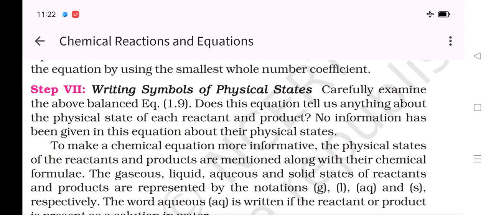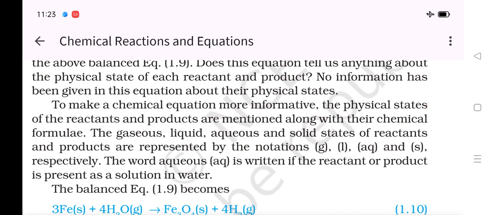Step 7. Writing symbols of physical states. Carefully examine the above balanced equation 1.9. Does this equation tell us anything about the physical state of each reactant and product? No, no information has been given in this equation about their physical states. To make a chemical equation more informative, the physical states of the reactants and products are mentioned along with the chemical formulae.